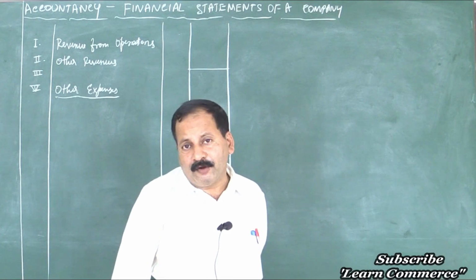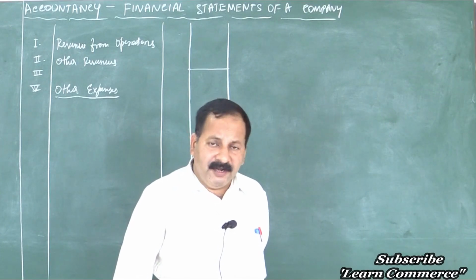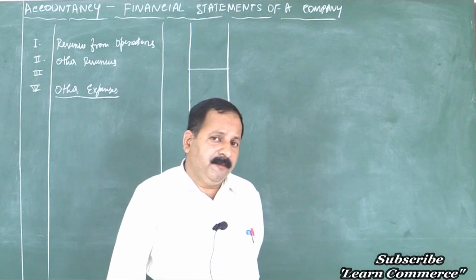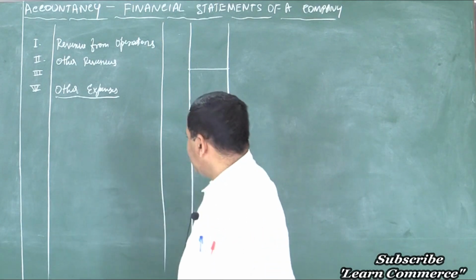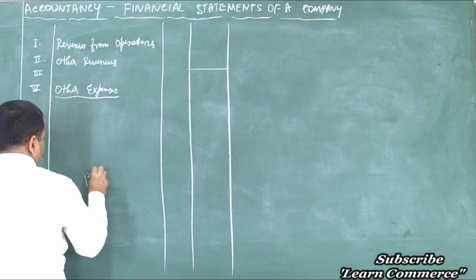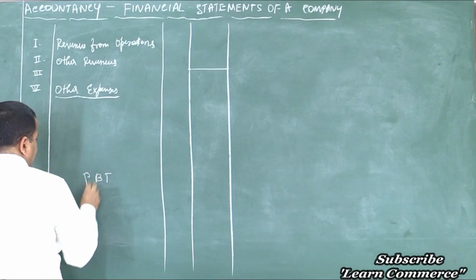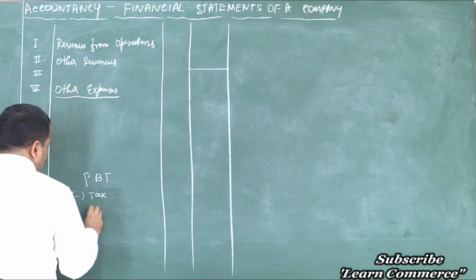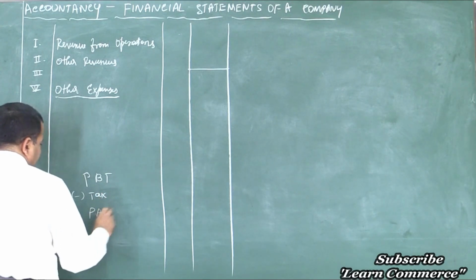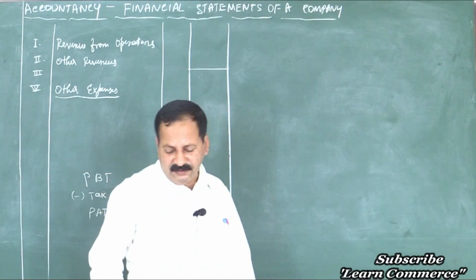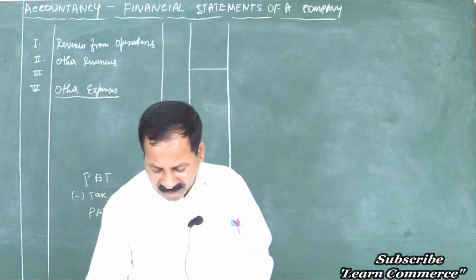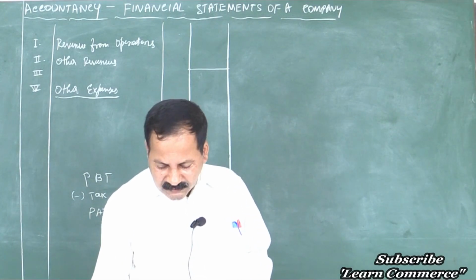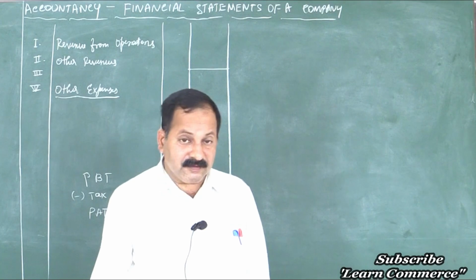Deduct tax from that, and you will get profit after tax, that is PAT. That is the format of your statement of profit and loss.